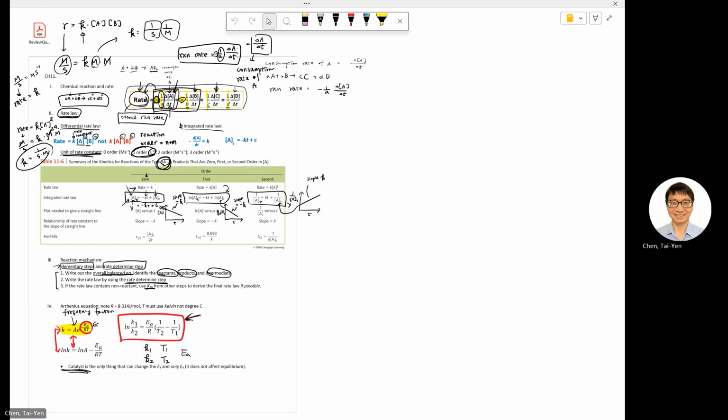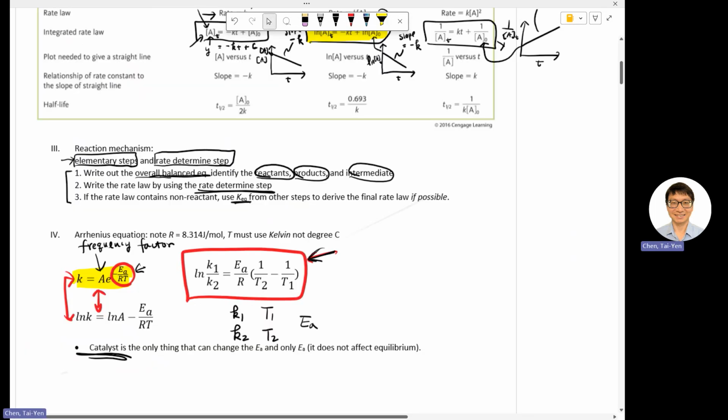Every time you see natural log, exponential is another thing associated with it. In chapter 11, there are only two equations that have exponentials. One is your integrated rate law. The other one is here.